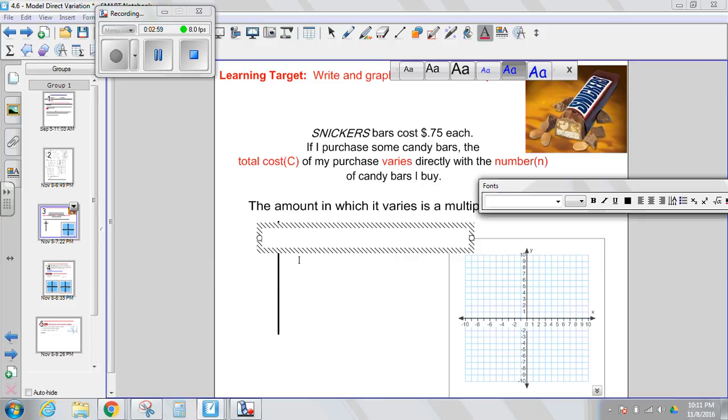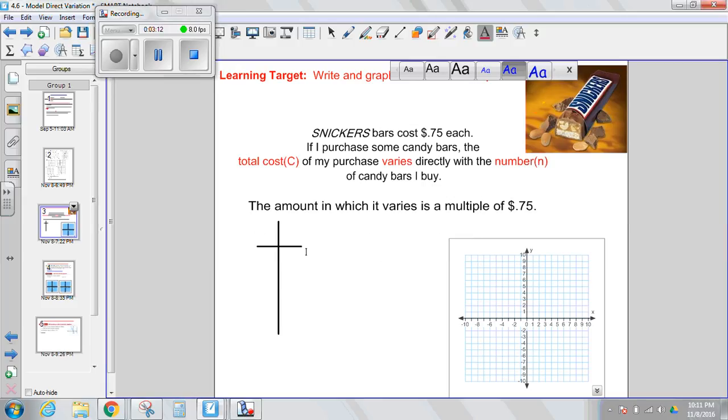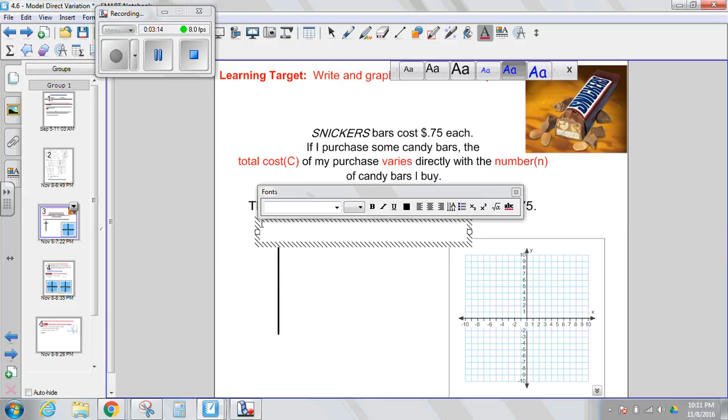Okay, so let's say on our x, or our input side of the table, we have n, since that's our number of candy bars. And on our y side, we'll have our c, or our total cost.